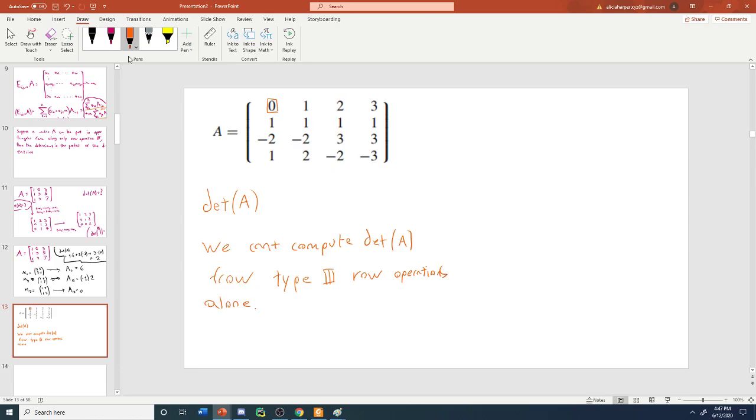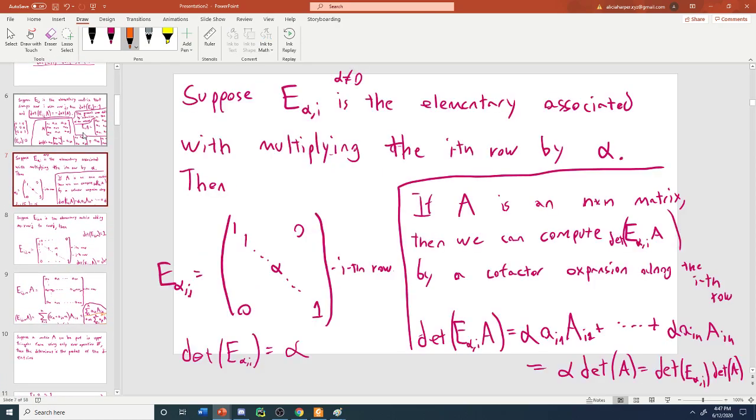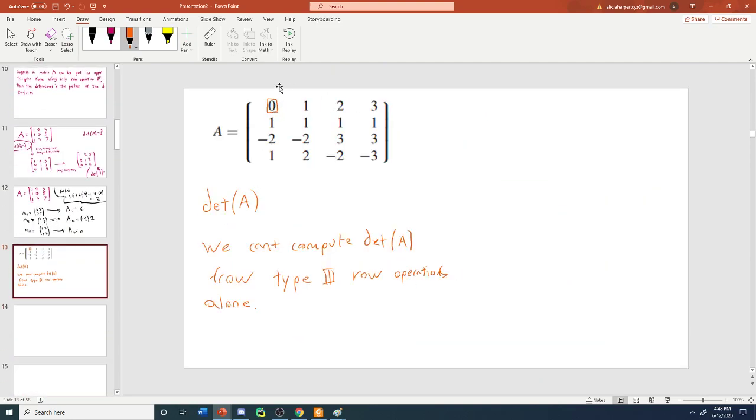Now, that would be a problem, but we have other types of row operations as well. Namely, we have type 2 operations and type 1 operations. Now, type 2 operations are not going to help us because in this specific example, you can't multiply the first row by anything to get rid of the 0.